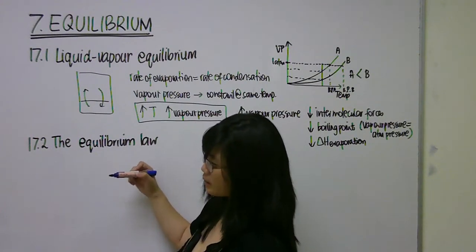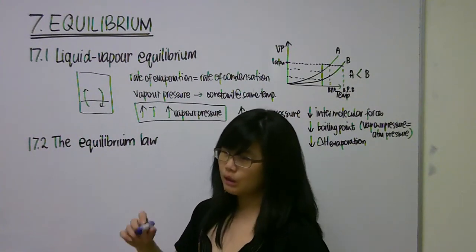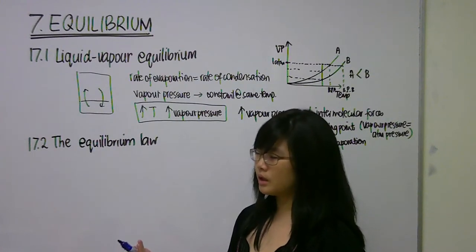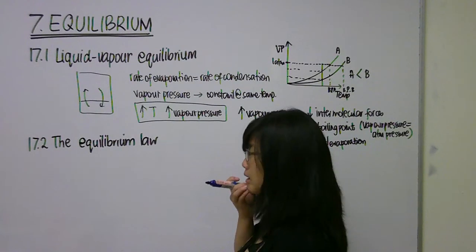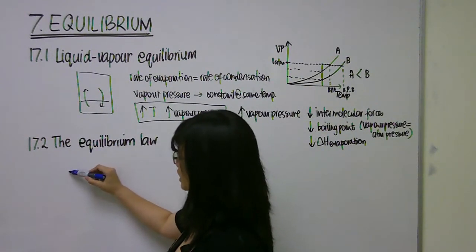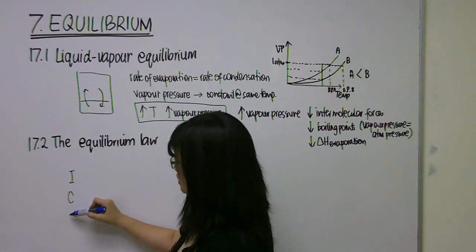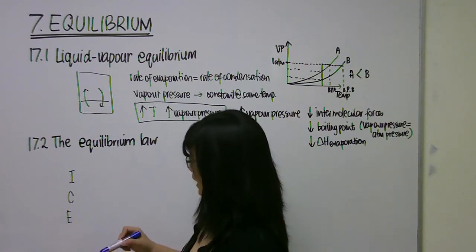This part can be explained more clearly with the aid of a sample question. But what you need to be teaching your students is this method called the ICE table.